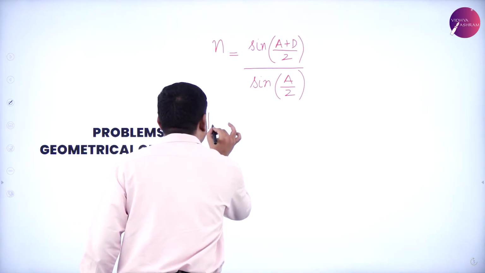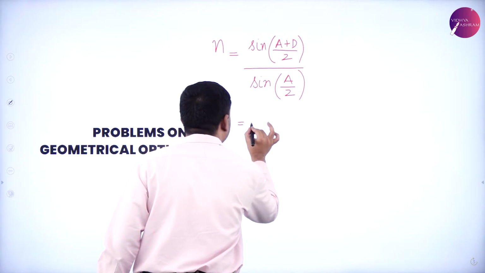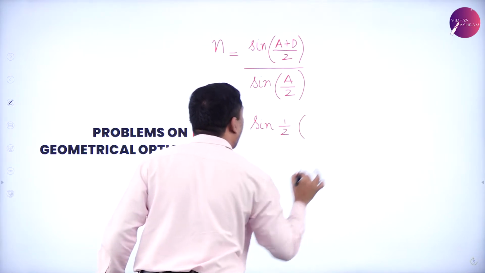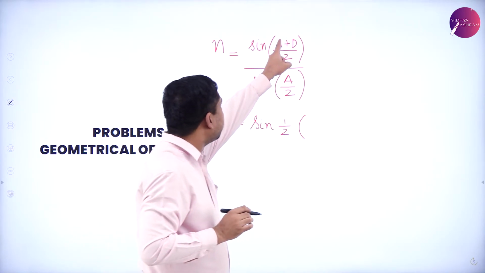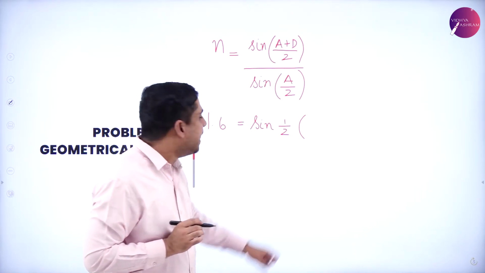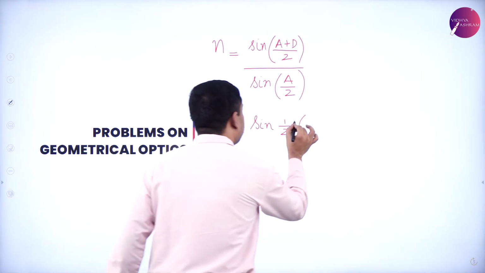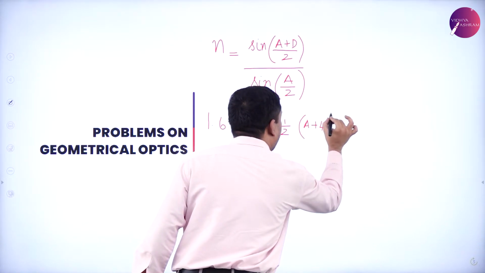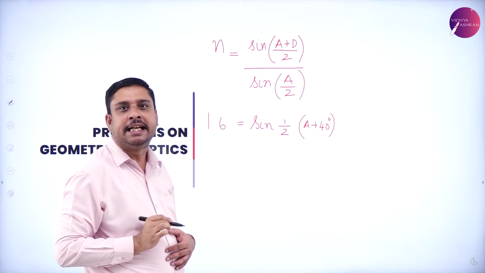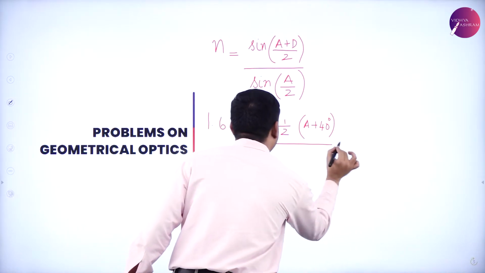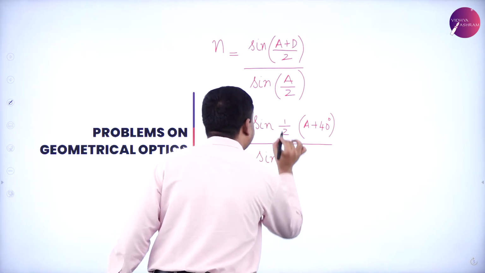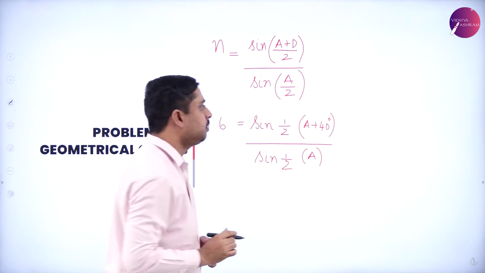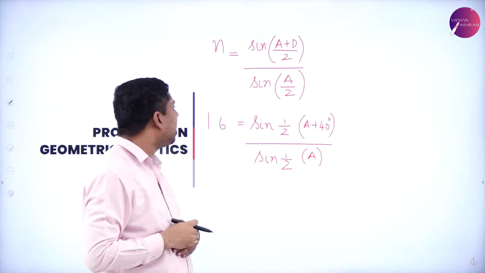Now n is given to be 1.6. This is sine. I take out half outside, so that I require the angle of deviation, 40 degrees, divided by sine half times A. Now, why did I manipulate like this?